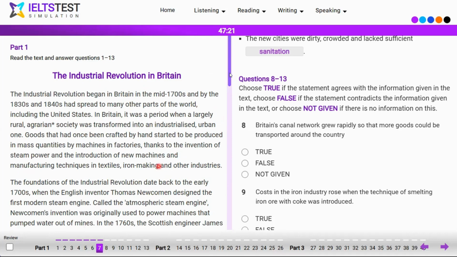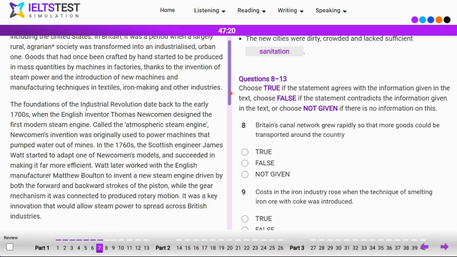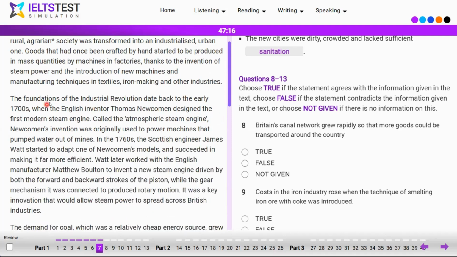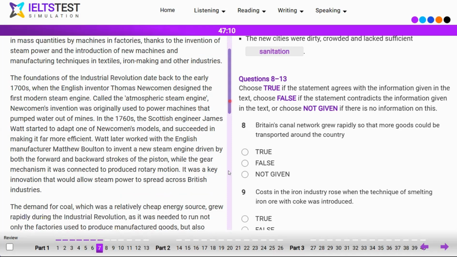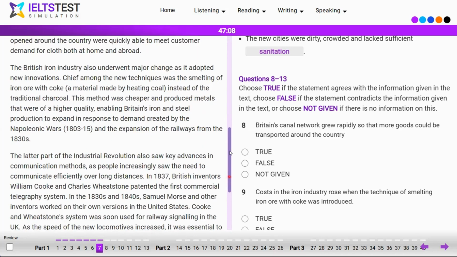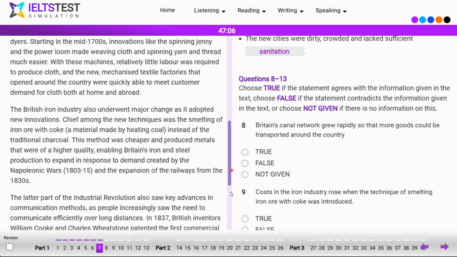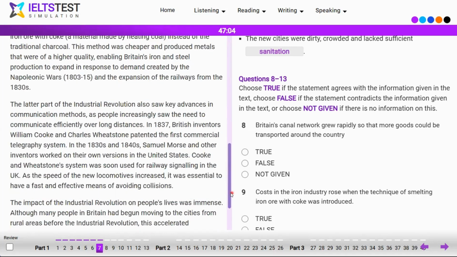There's nothing like canal in paragraph 1. What of paragraph 2? I can't see anything here but canal here. Wow. Let me go back to that place that I left earlier on. I think I'll just pick not given for this question.